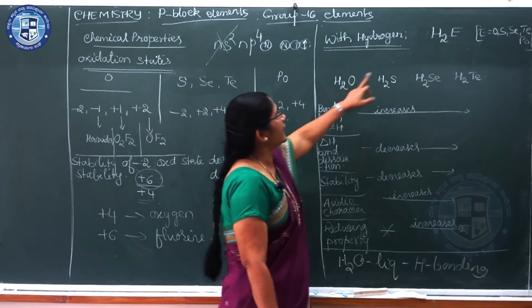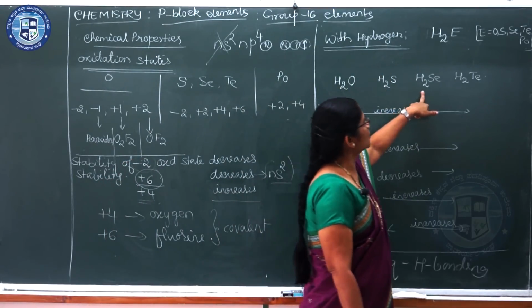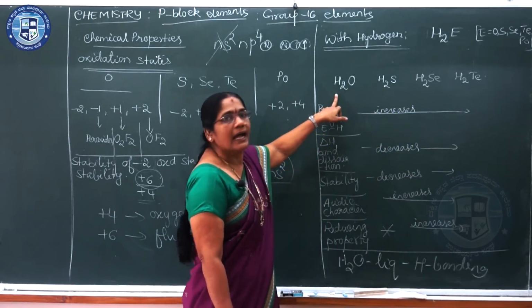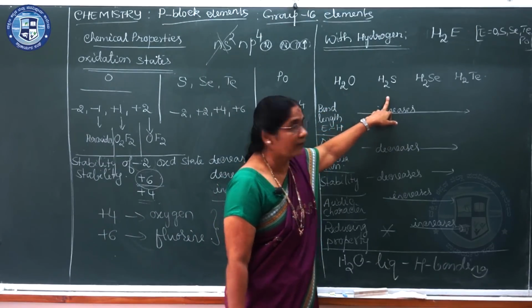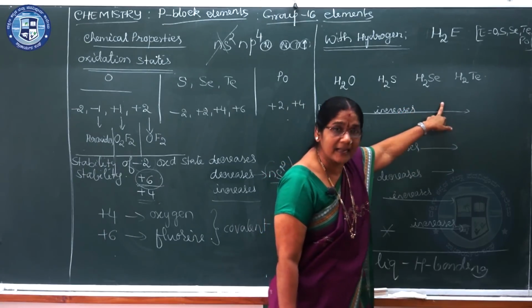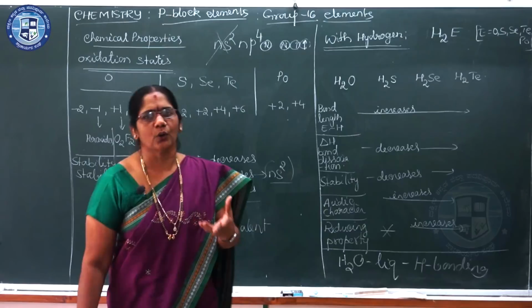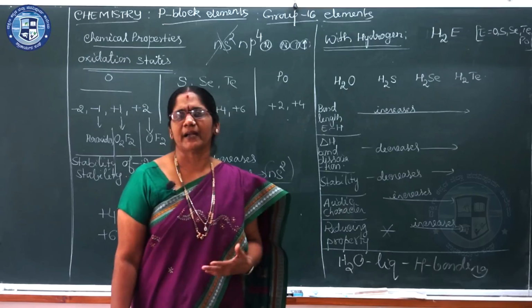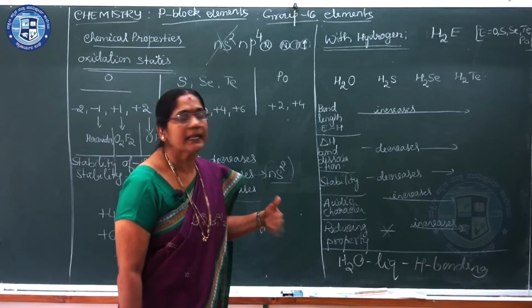When E is oxygen, it is H2O, then H2S, H2Se, and H2Te. This is hydrogen monoxide, hydrogen sulfide, hydrogen selenide, hydrogen telluride. We normally avoid the study of polonium because, as I have already told you, it is a radioactive element, very rarely formed, and we do not use it in common reactions.